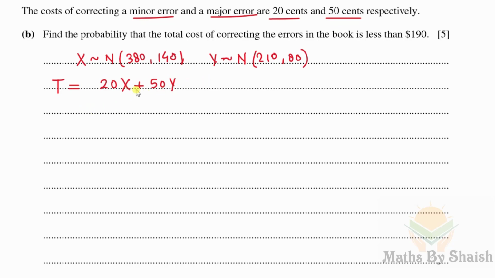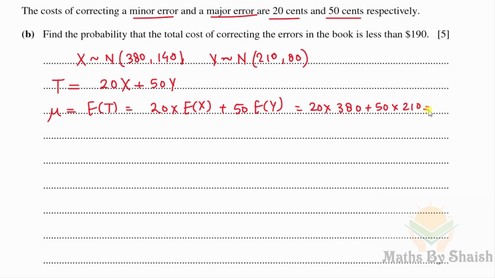This is a linear combination of two normal distributions, so it would also be normal. Its mean is mu, the expectation of T, which is 20 times expectation of X plus 50 times expectation of Y, which is 20 into 380 plus 50 into 210.